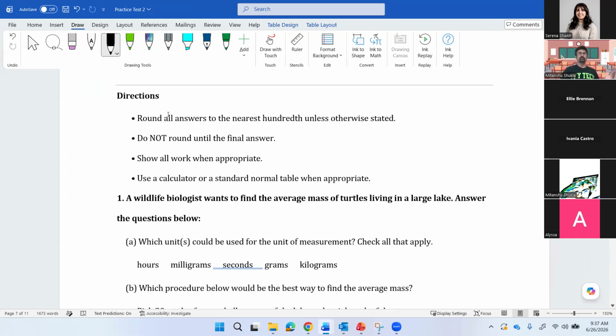Directions first, obviously, right? Round everything to the nearest hundredth, unless it tells us otherwise. Do not round until the final answer. This is just a margin of error thing for your answer when you input your answers into, I think it's ALEKS that you guys are using for most of you. Then show all work, partial credit, that's where it's at.